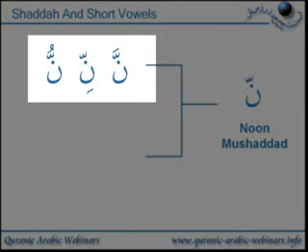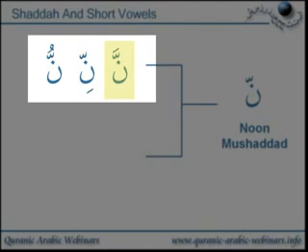Letters with the Shaddah will carry the Fatha, Kasra or Dhamma, and this first example is taken from the Majidi script. So we're going to see how these short vowels are written when Shaddah is also involved. How you pronounce these will be done later.